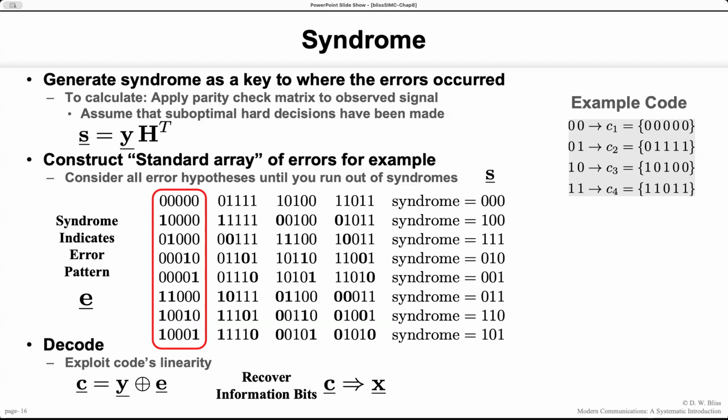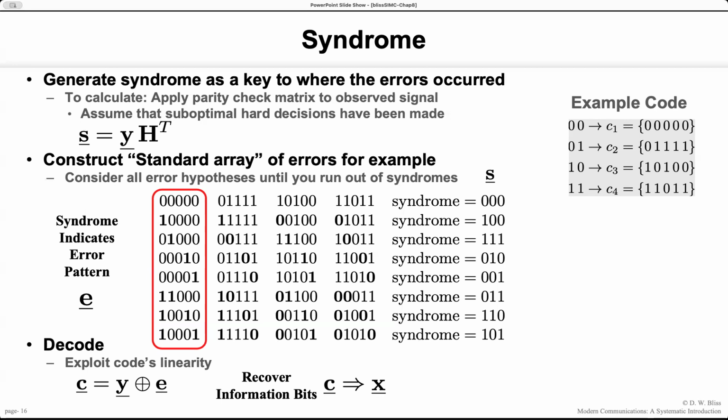So because we have three parity bits in this case, there are eight possible outcomes. The all zero syndrome is, of course, a valid code word. So because there are three parity bits, syndrome length is three. So two to the third is eight possible sequences.